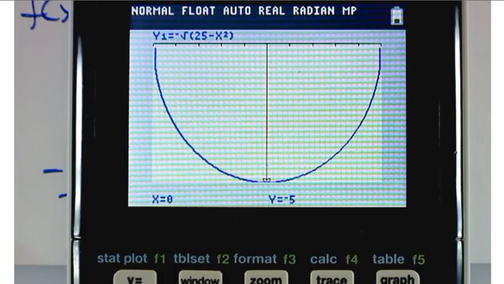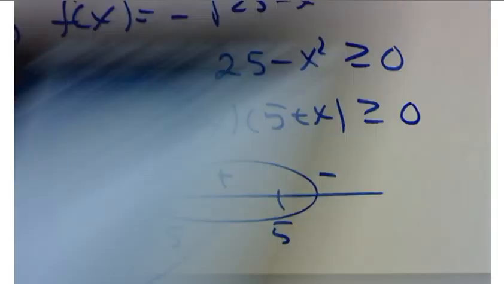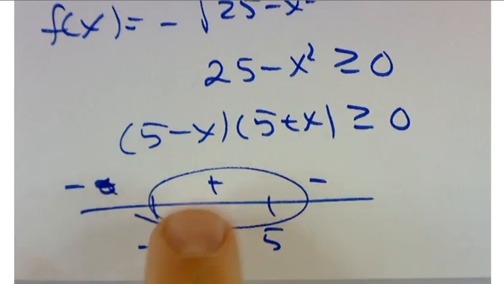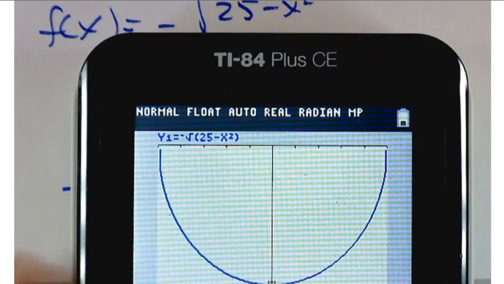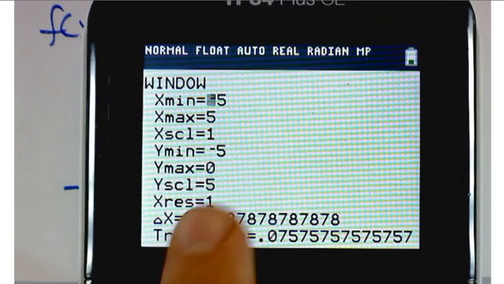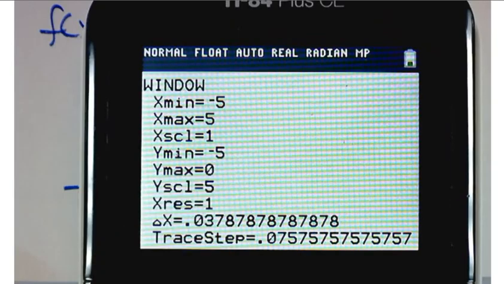How do you know what to change the window to? Well, we let our calculator decide what to change the window to. We figured out what x coordinates would work here. We wanted values of x between -5 and 5, and then we let our calculator do the rest. We pressed zoom 0. No, I got that, but earlier we did, like, 16.